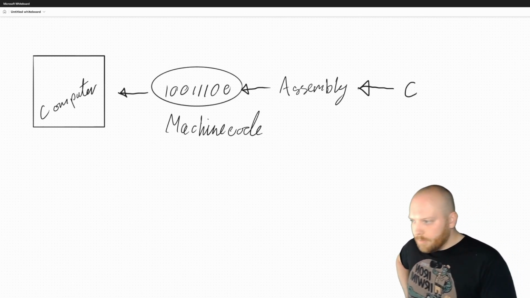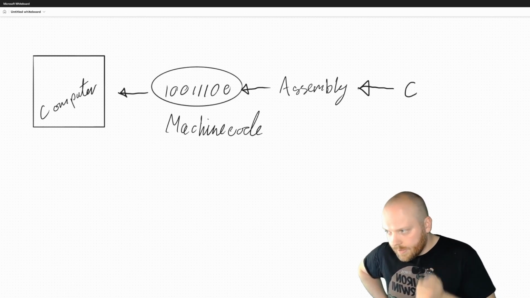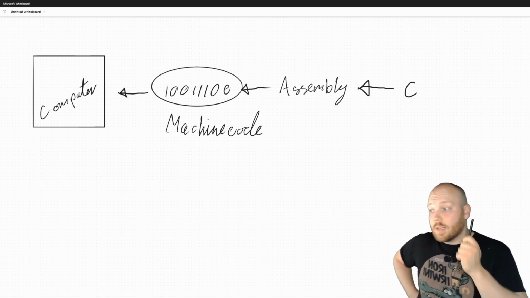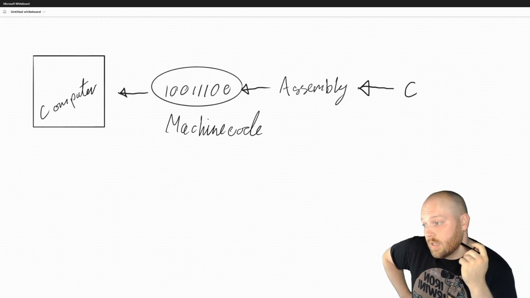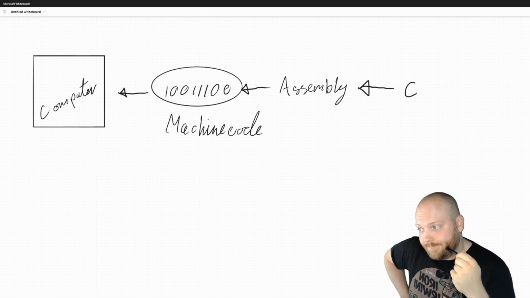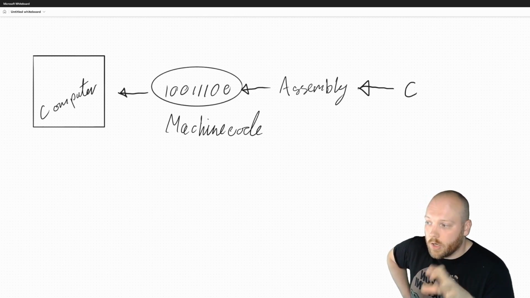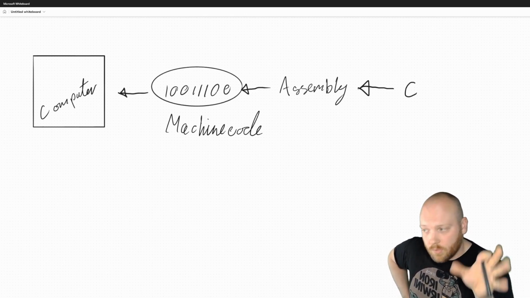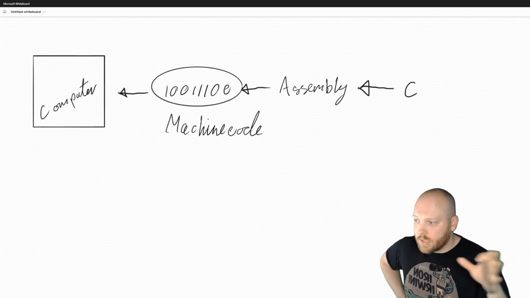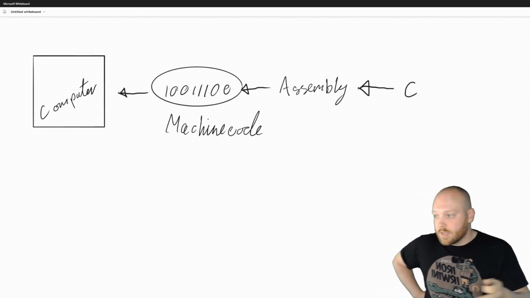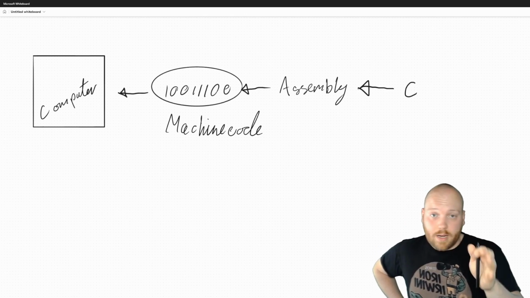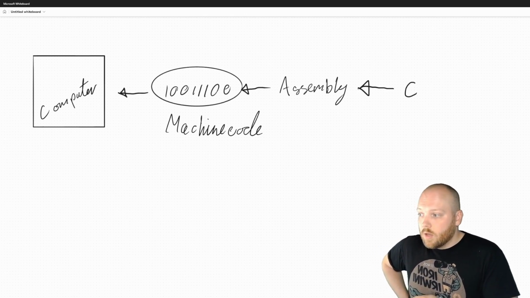If you write assembly specifically, you're probably going to get very machine-specific code. If I took that code and ran it on another computer, it probably wouldn't work because you're working on a certain architecture, a certain operating system, and so that code might not work on a different computer.